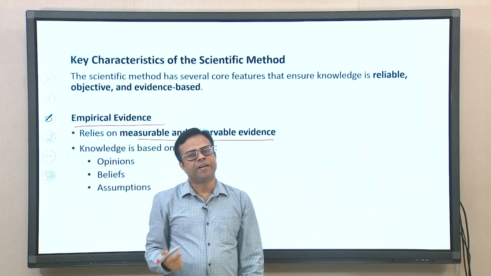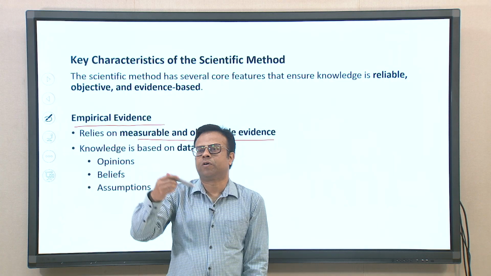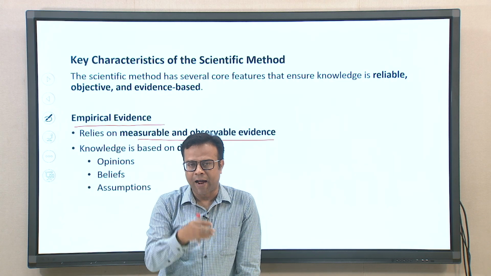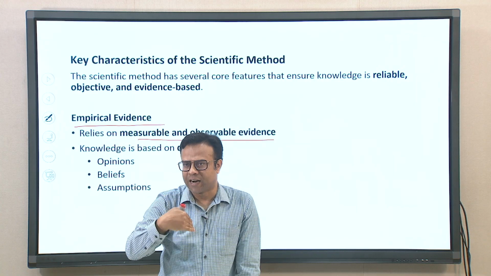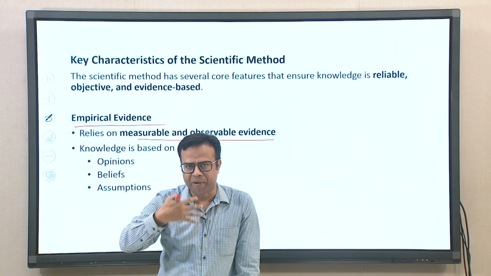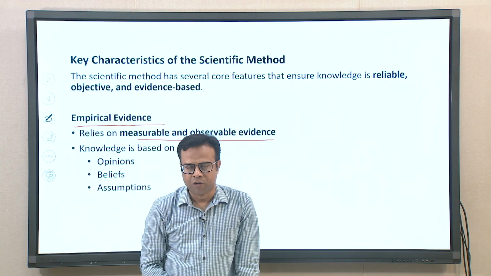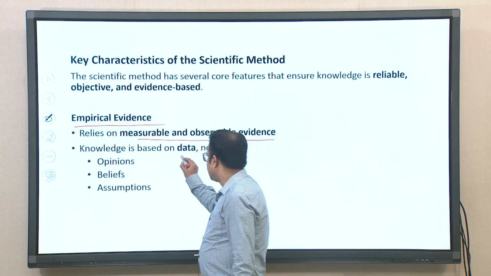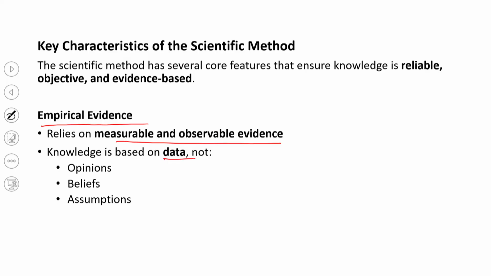So, empirical evidence basically means you only rely on things that can be detected, and not just getting data randomly, but it has to be measurable and systematic. So, there has to be observable evidence for it. The knowledge is based on data that we get through our sense organs.